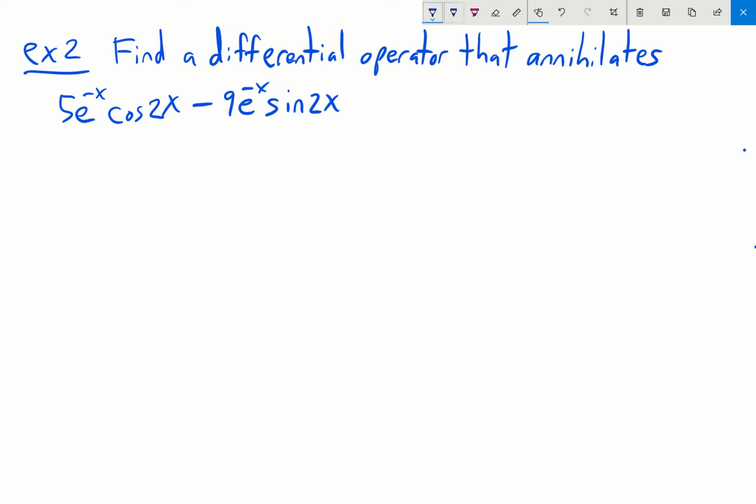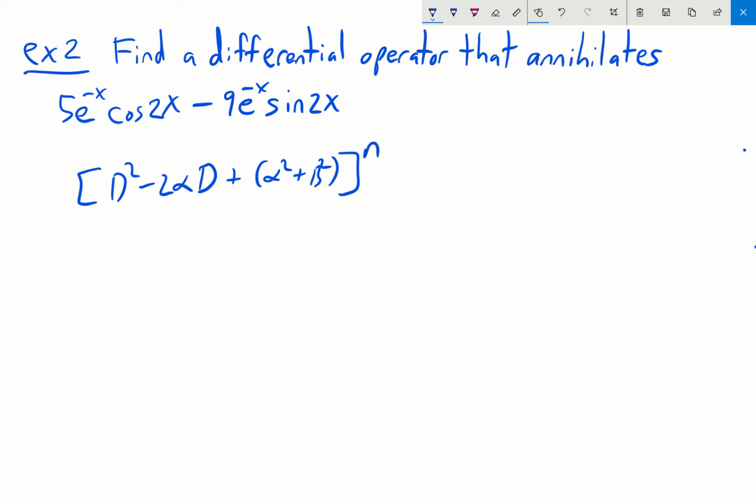The one thing that's convenient is that the cosine and the sine both have the same argument. The type of differential operator, as we said a moment ago, is going to be of the form D squared minus 2 alpha D plus alpha squared plus beta squared, to the n.